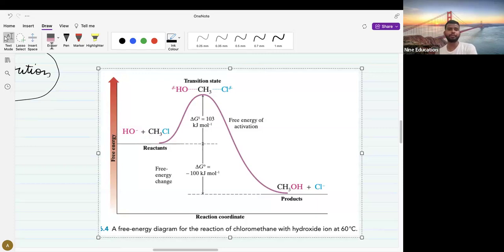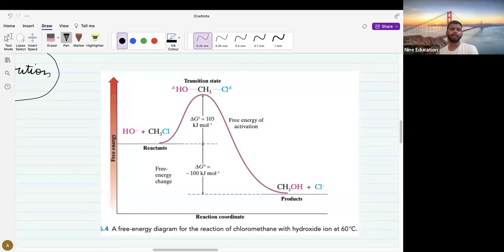So we will try to draw the energy profile diagram of this reaction. This OH minus will come and will attack. The energy of the reactants is given in this reaction. This is the reaction coordinate, how the reaction will go. This is the reactant. These are the products. This is the activation energy, free energy of activation, delta G of activation.